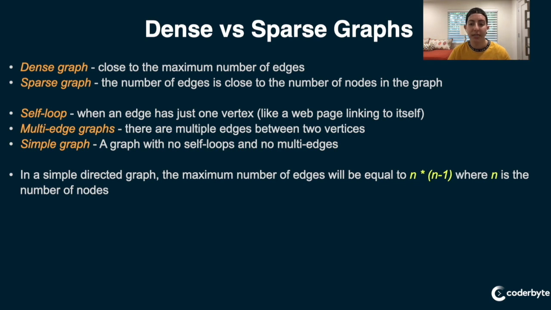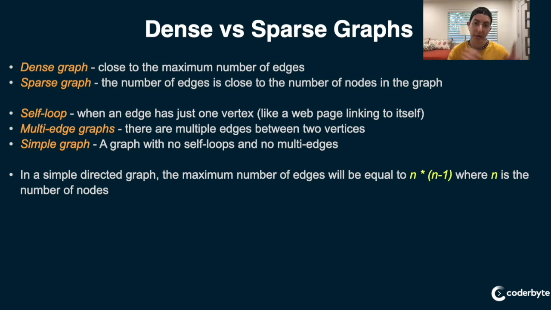In a simple directed graph, the maximum number of edges will be equal to n times n minus 1, where n is the number of nodes. So this is the maximum amount of edges that can possibly exist on a simple directed graph. If you think about this for a second, in a directed graph, the maximum amount of edges between two nodes will be 2, right?